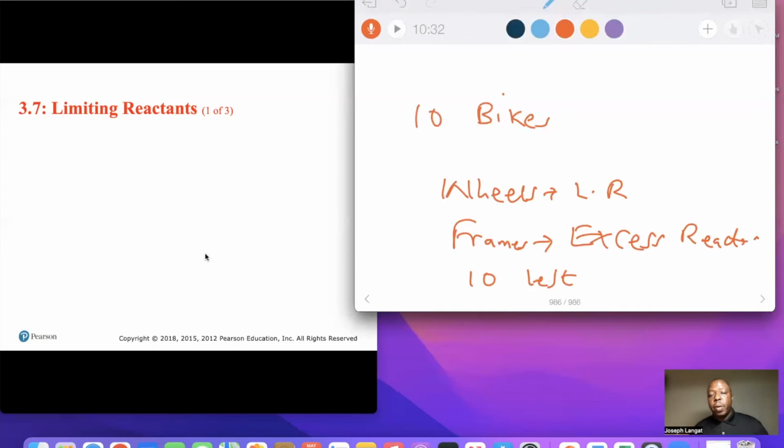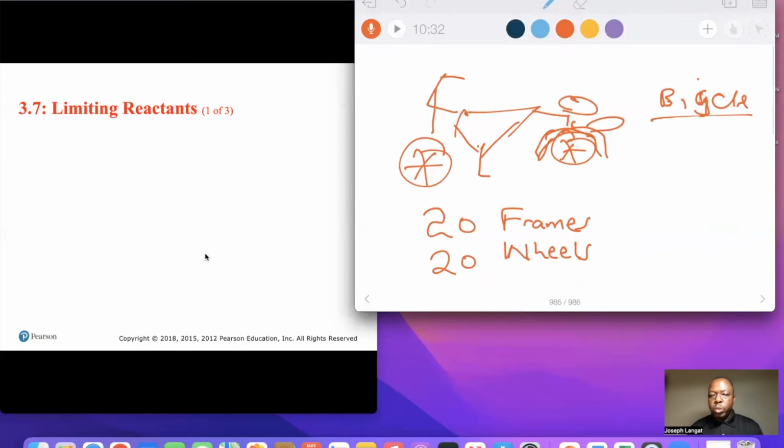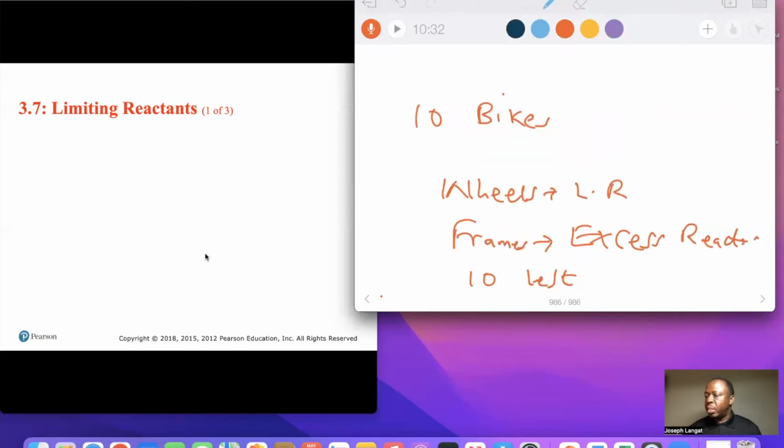Some problems in this section will ask you, what is the limiting reagent? And then you have to figure out which one will give you less amount of the desired product. In this case, if we use all the 20 frames, that means we'll end up with 20 bicycles, and we have to source for extra wheels. So that's an excess reagent.